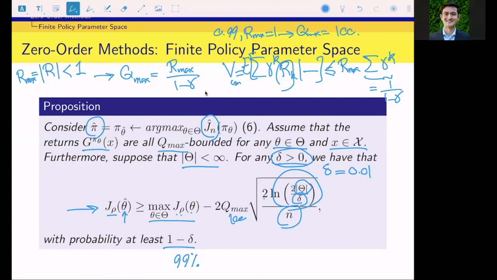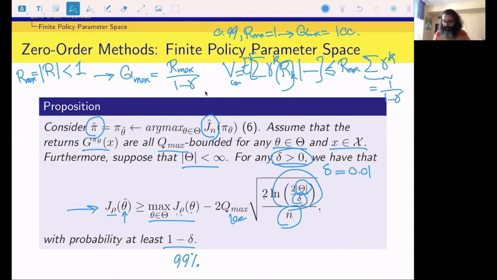Okay, cool. I was looking at this equation, and if you move the Q max term over to the other side and move the J theta hat to the other side, you get that the difference between the max and J hat theta is bounded by that. Yeah, exactly.